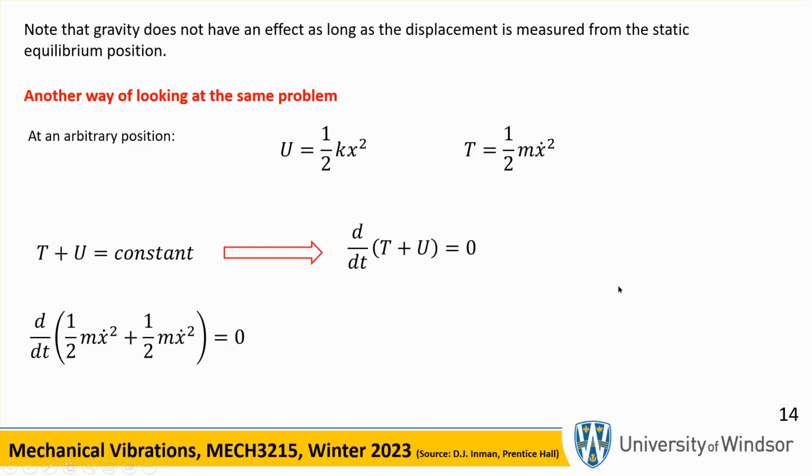Just like we did with the chain rule, 1/2 m stays, but the derivative of x dot squared is 2 x dot x double dot. So 1/2 and 2 kill each other, and divide through by x dot. You're going to get the standard mass spring system equation.